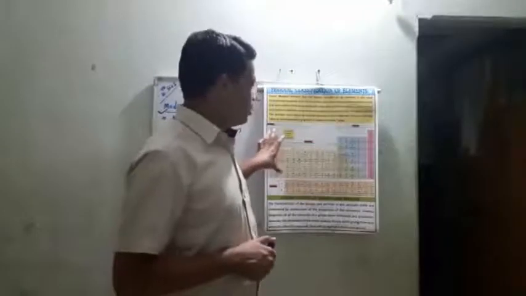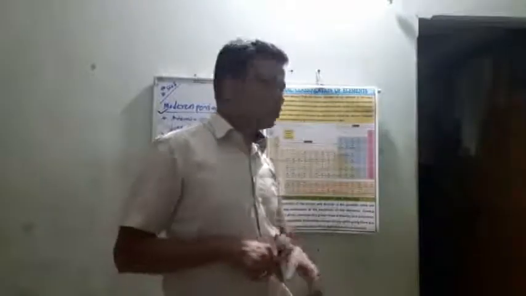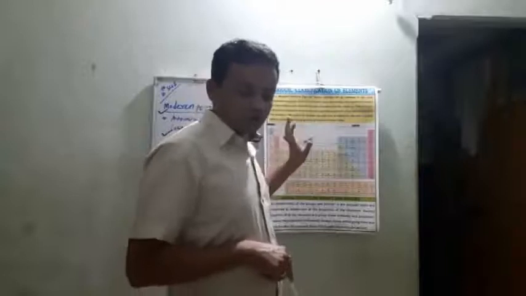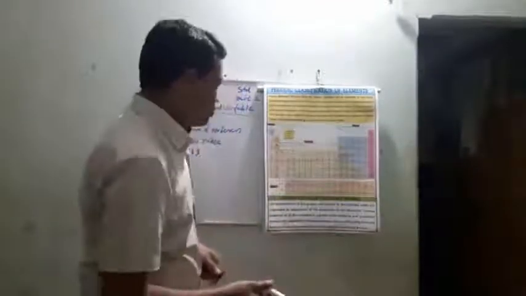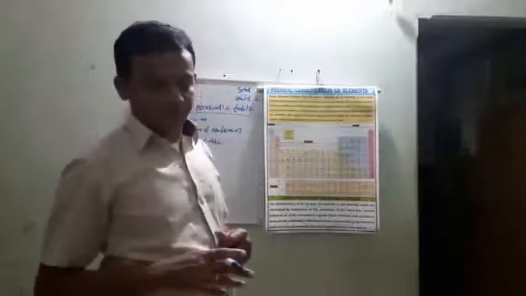In this modern periodic table, all elements are arranged in increasing order of their atomic number. So you have to observe this table. In this table, we see there are 7 horizontal rows, which are known as periods.